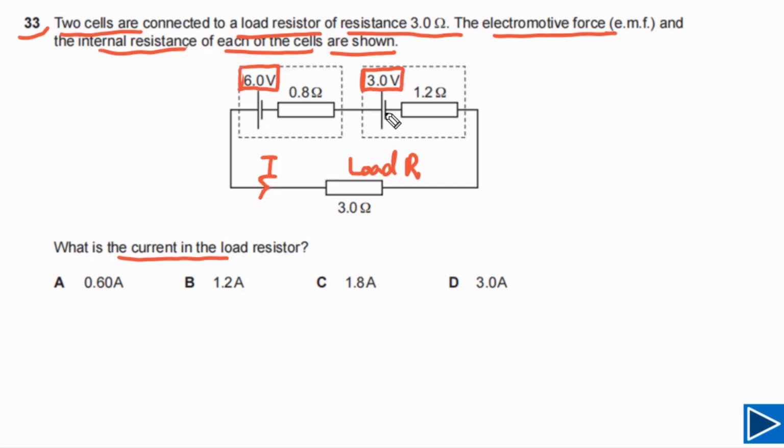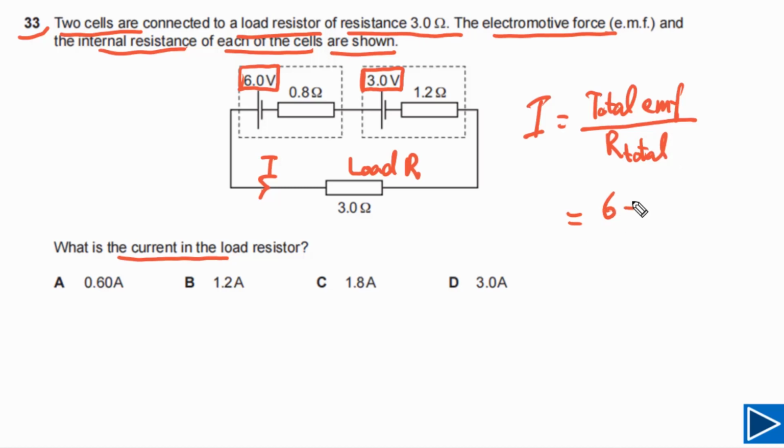The first thing we need to understand is that these two cells are connected in series, so we can find the net EMF. Also we can find the total resistance of this circuit, because all these resistors are connected in series. So current I is equal to the total EMF of the circuit divided by R total, the total resistance of the circuit.